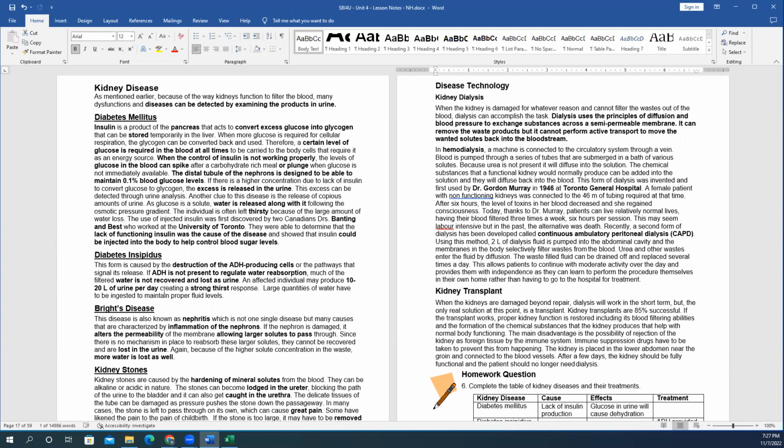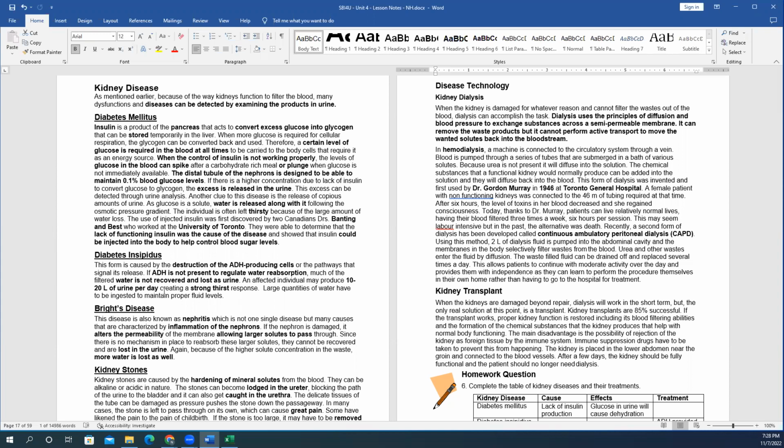Another clue that you are suffering from this type of disease is the release of large volumes of urine, because glucose is a solute, and when glucose is released into the urine, water gets released along with it, following that osmotic pressure gradient.